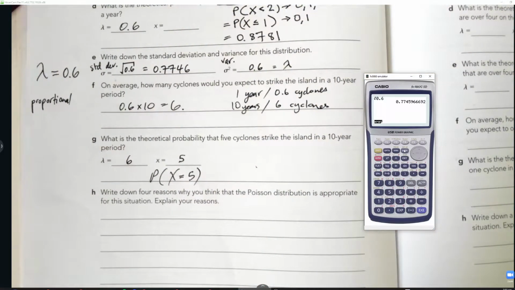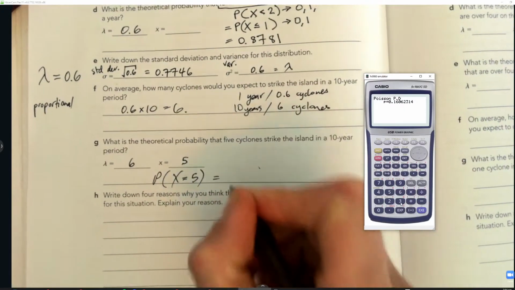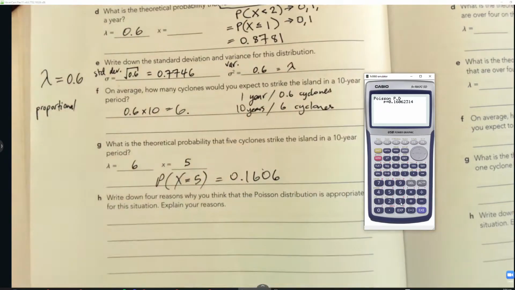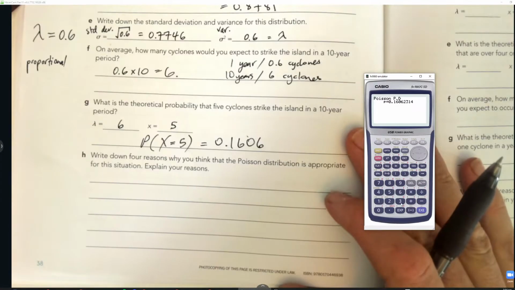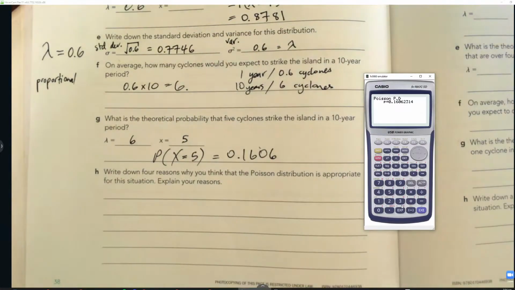We can now go into distributions under stat, and then we go F5, F1, F6, across to Poisson, and we're looking at a point here, and our new lambda is 6, and we're looking at the probability that x equals 5. So that probability comes out at 0.1606.